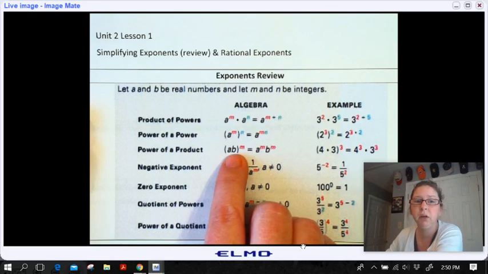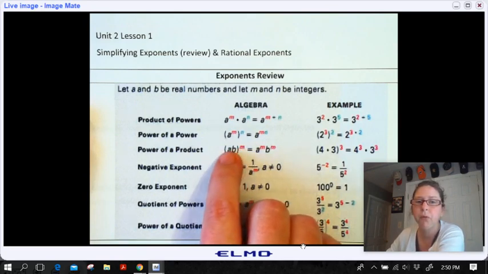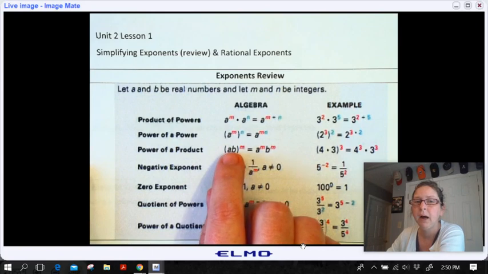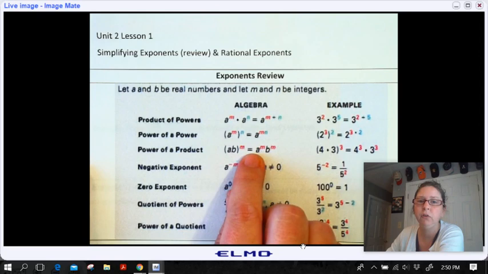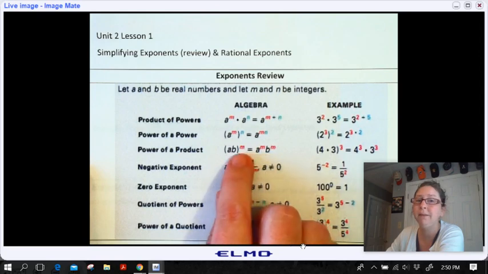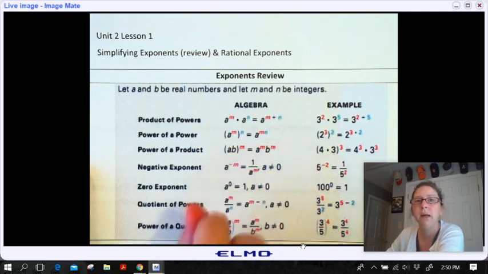For this, you would distribute that exponent to both the bases inside the parentheses. And we're going to write a note here in a little bit. I like to say to you that exponents are very, very snobby, meaning that they only talk to other exponents. Notice that the A didn't change and the B didn't change. The bases didn't change. Only the exponents did.